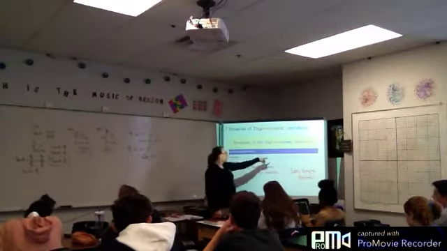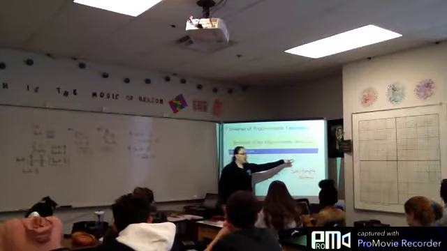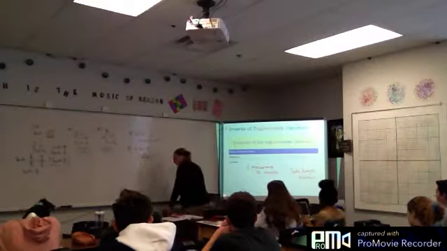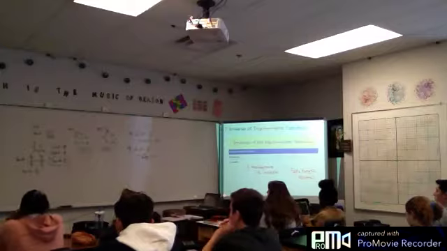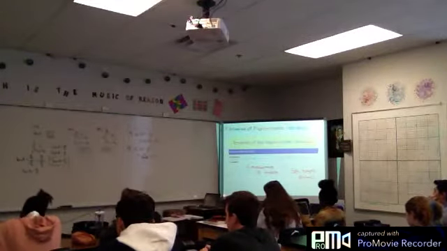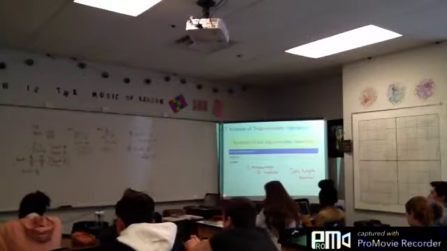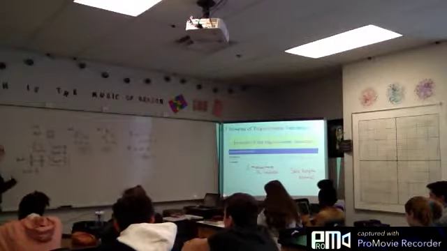So, if sine A equals x, then the inverse of sine x equals A. If I know that sine A equals x, then that means the inverse of sine x would equal A. I can work my equation backwards to figure out what's going on.